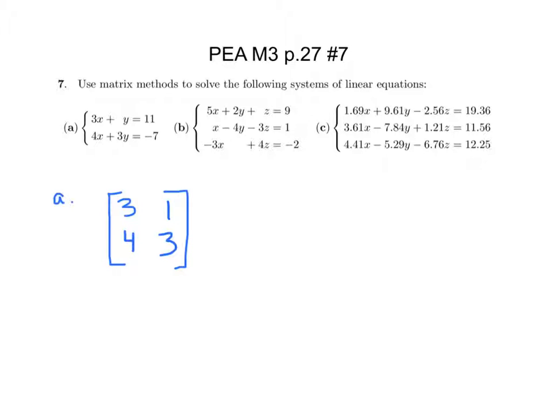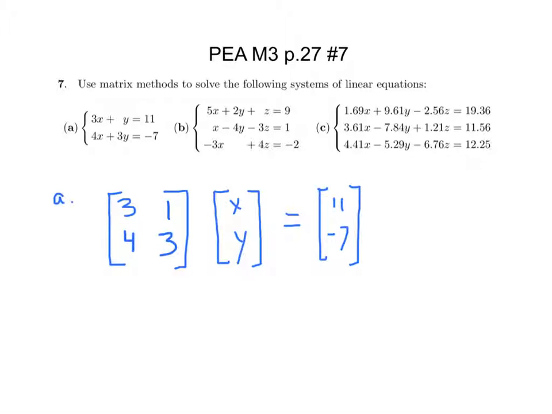Now what you're setting up is if you multiply that by the 2 by 1 matrix x, y, it equals a 2 by 1 matrix 11, negative 7.